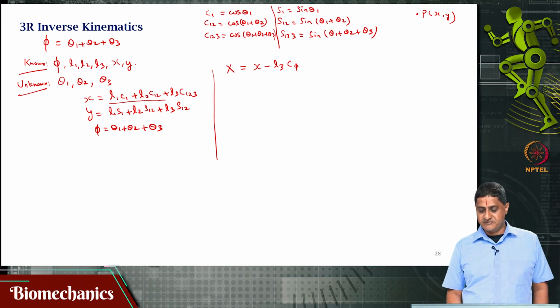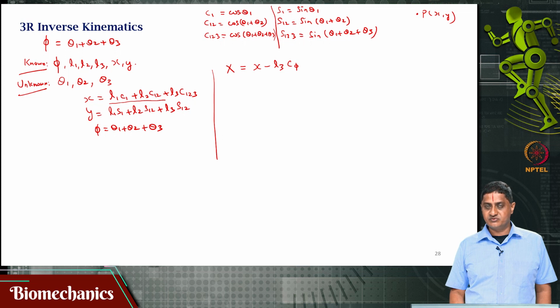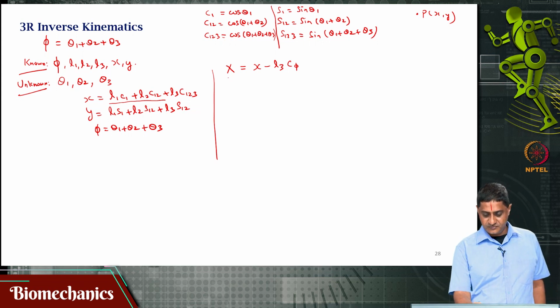Remember, C5 is C123, is it not? Because phi is theta 1 plus theta 2 plus theta 3. So, C123 is cos of theta 1 plus theta 2 plus theta 3, which is C5. And capital Y is small y minus L3 S5.